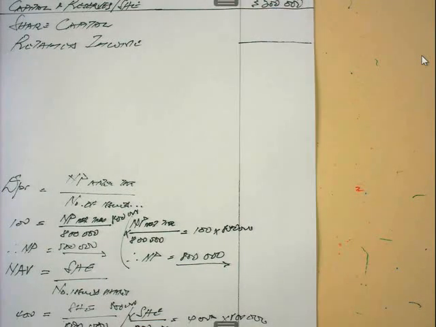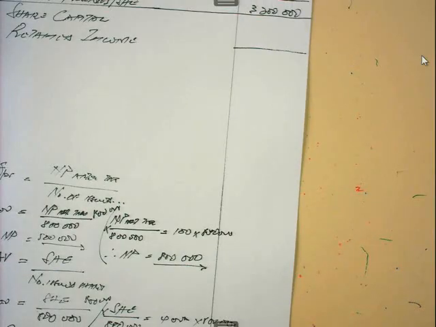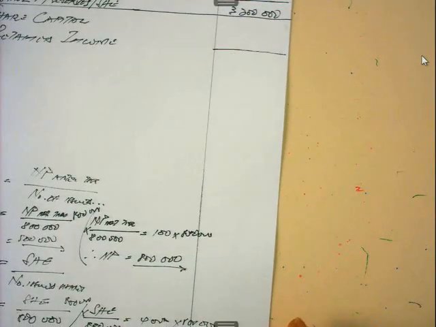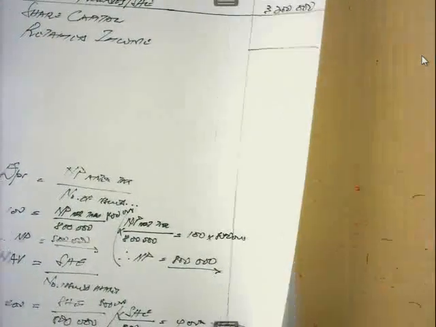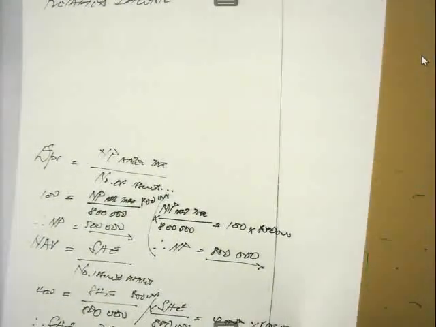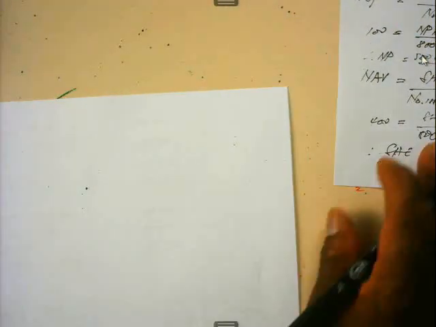Once you've determined your net profit after tax, it should be easy to work out your retained income at the end of the year. Remember that note, the retained income note.